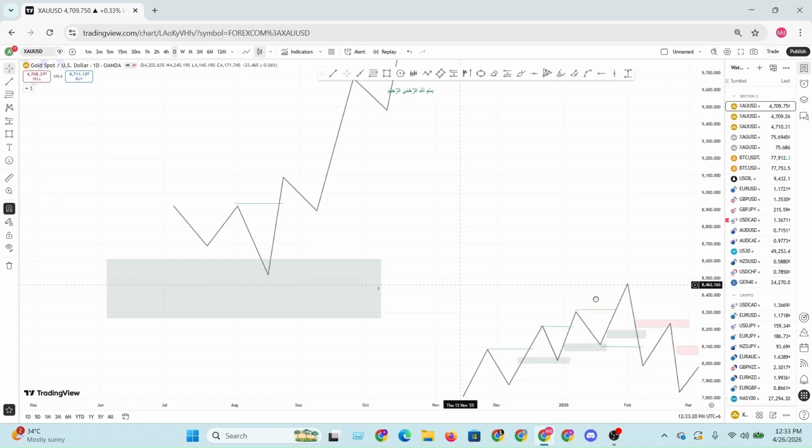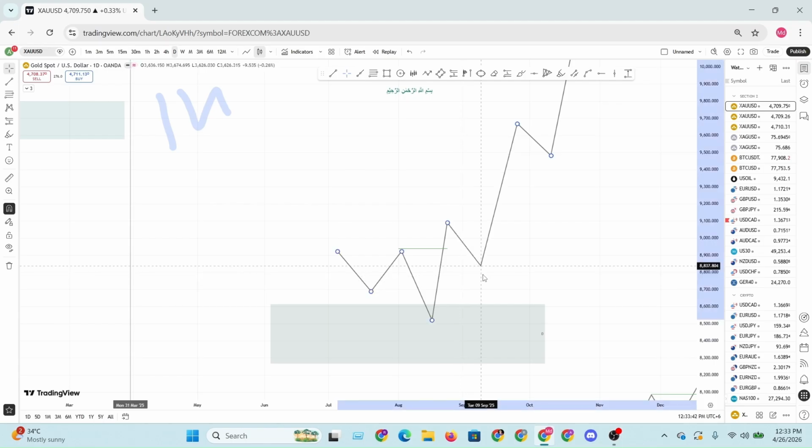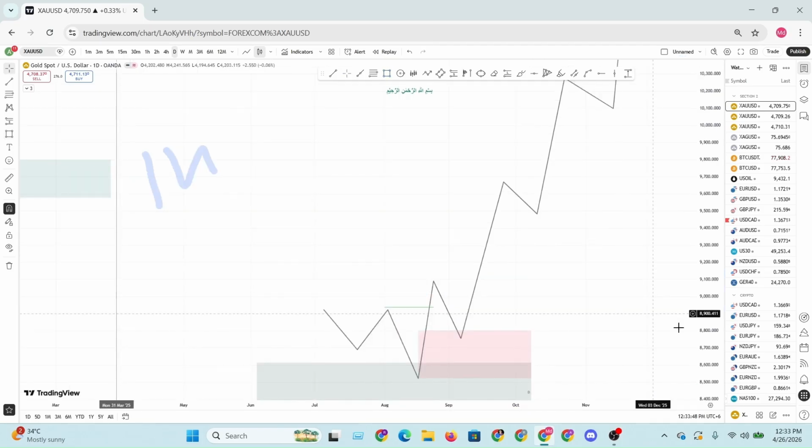So let's see, the market came to this daily level and shifted, this high, lower high. So this is called a market structure shift, and we will find an extreme PY.